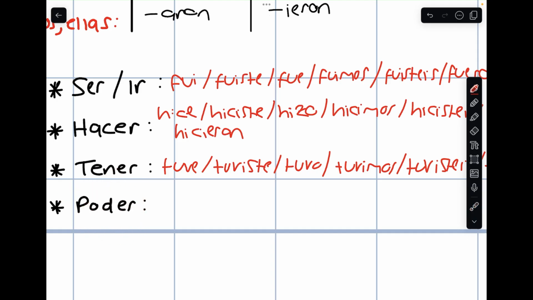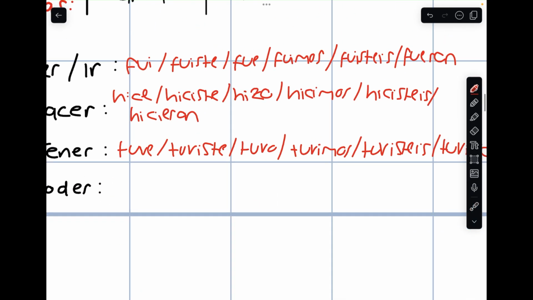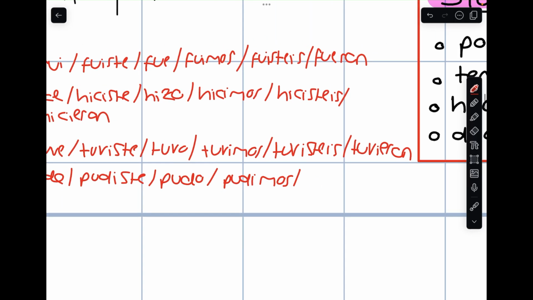Poder is to be able to. And in the preterite, it becomes pude, pudiste, pudo, pudimos, pudisteis, and pudieron.